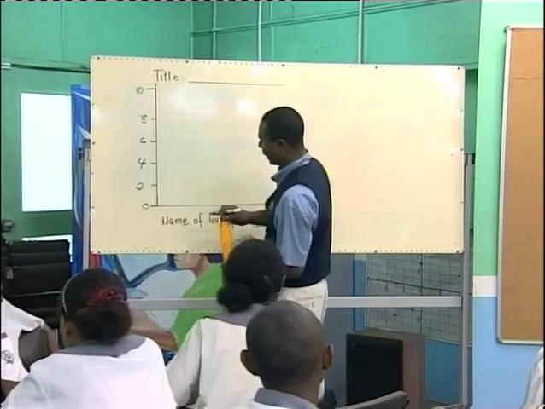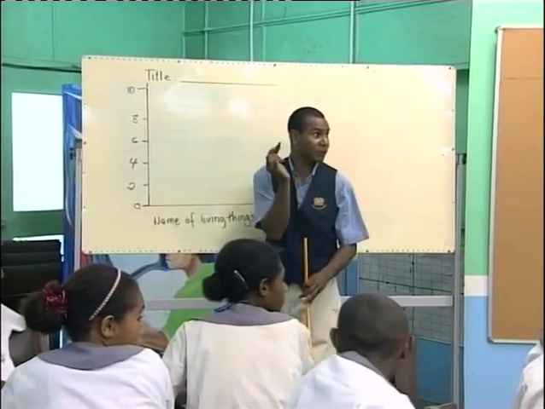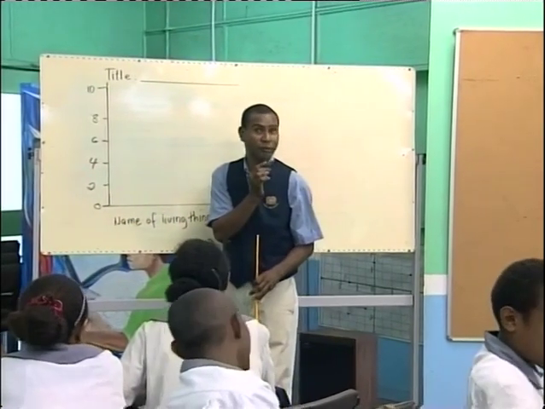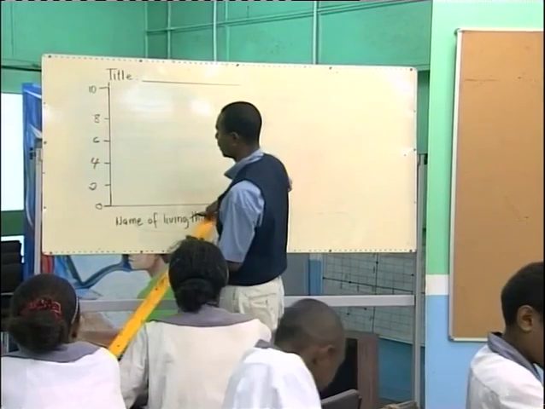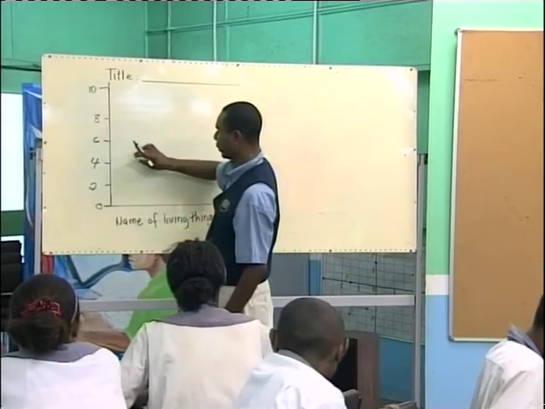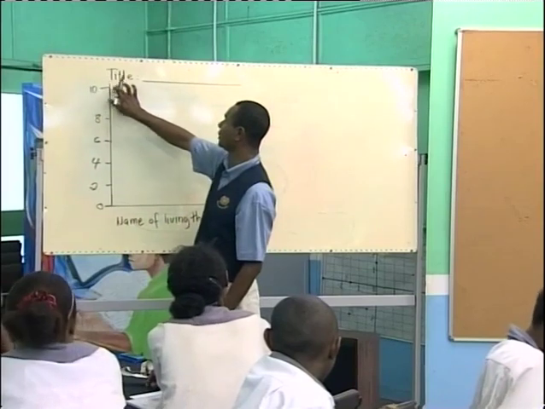Living things. Now, if you have identified, for example, there were 2 brown frogs. Or before we go into that, you must always give a title.